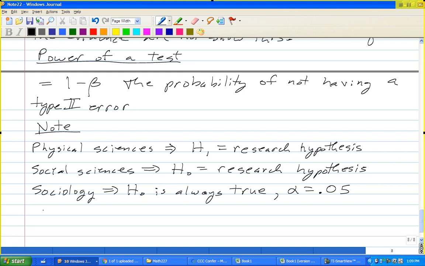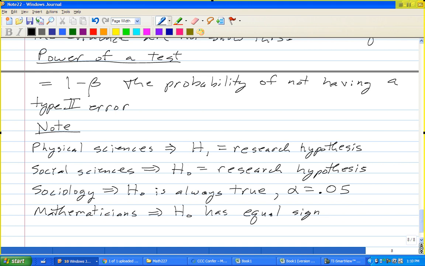And lastly, for mathematicians, because we don't research anything physical at least, all of our research is abstract. So for mathematicians, the null hypothesis is the one that has an equal sign. So whichever one has an equal sign will be the null hypothesis.